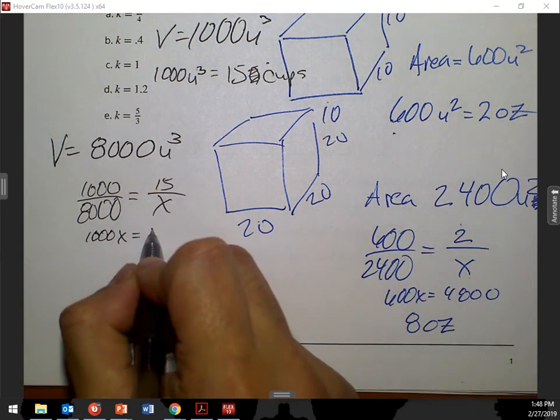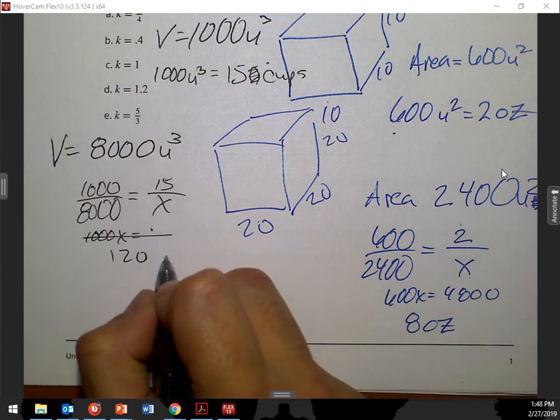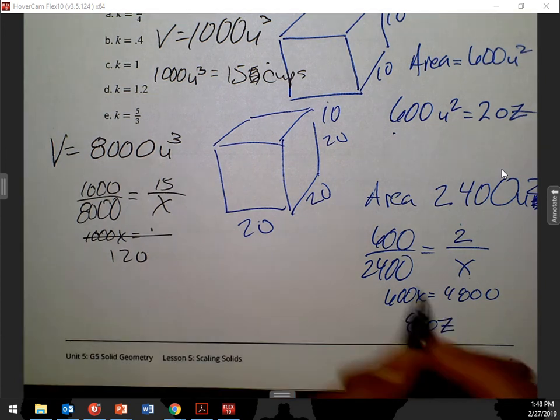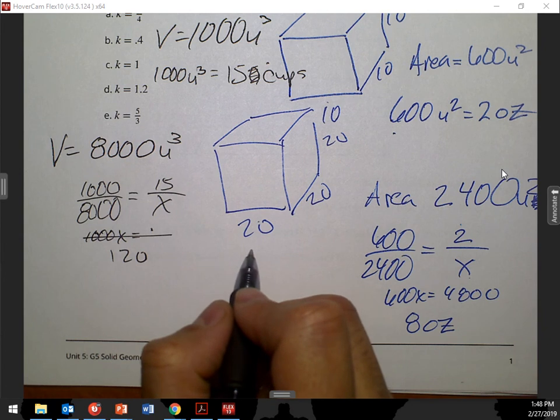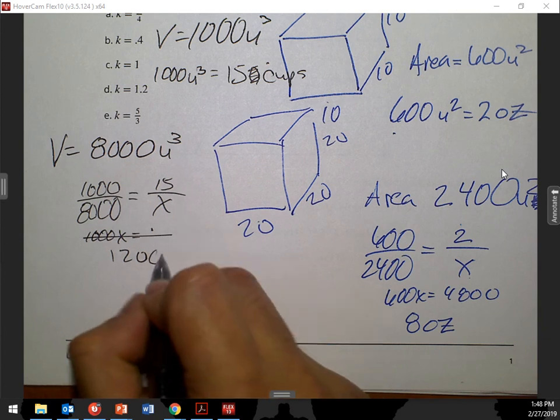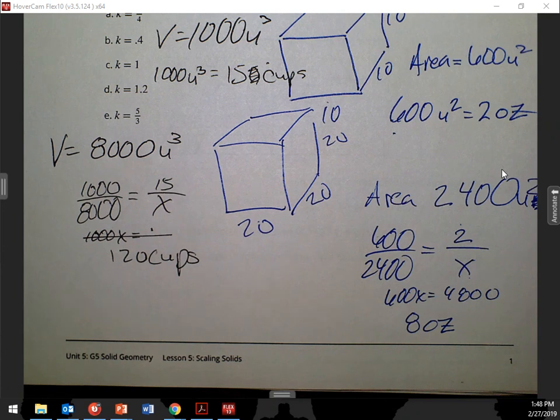Yup, 120. And what are my units on that one? Units cubed. What is it? Sugar. Cups. It's going to be 120 cups.